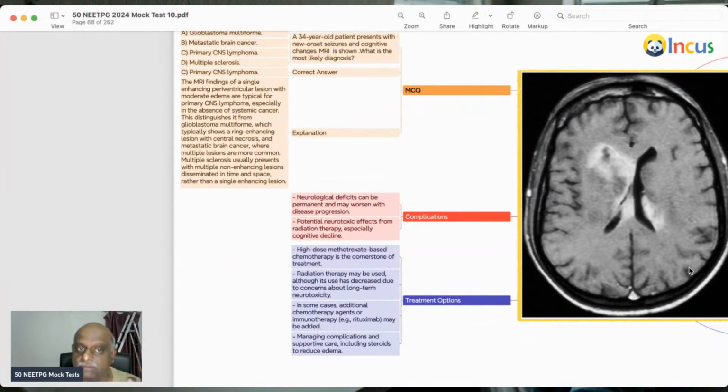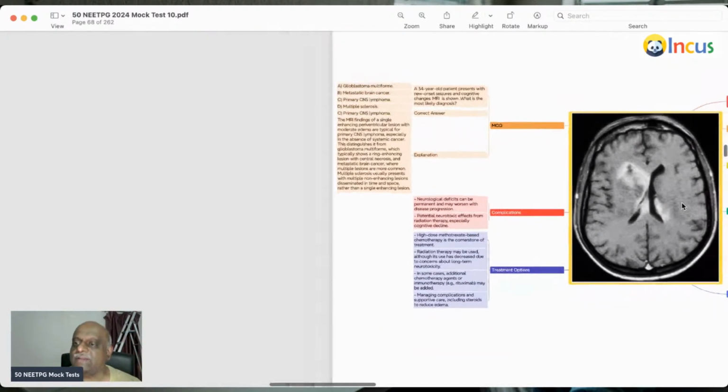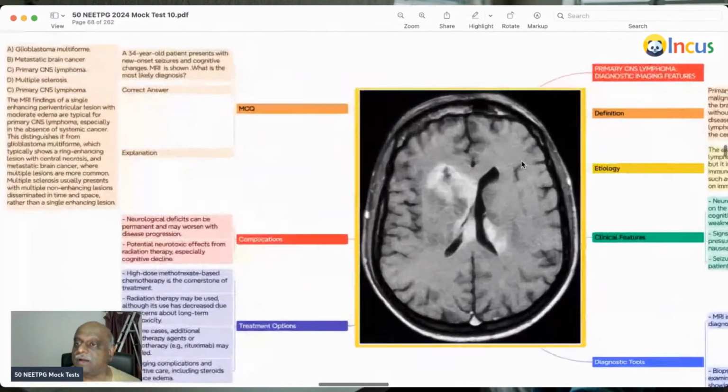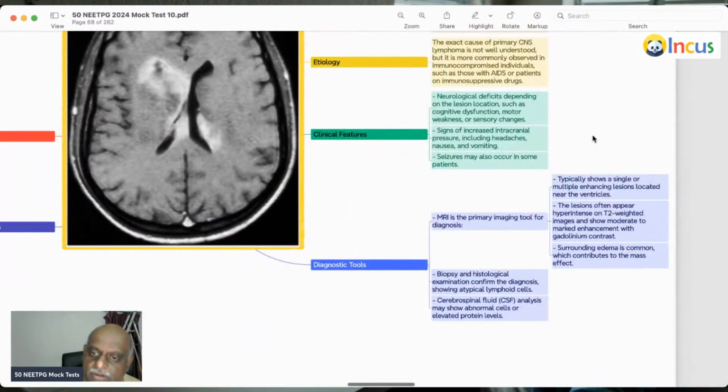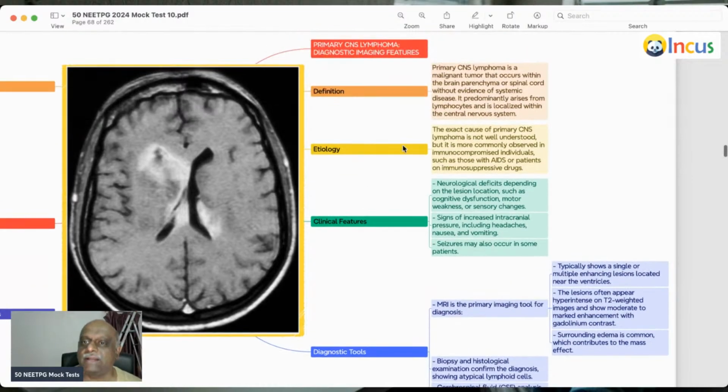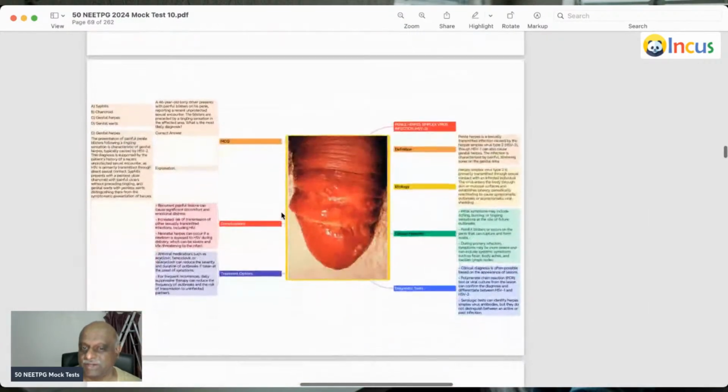Glioblastoma multiforme forms a ring-enhancing lesion with central necrosis, which is characteristic. All right, doc? So you should know everything about primary CNS lymphoma. You need to do a biopsy and histological examination to confirm the diagnosis of primary CNS lymphoma.